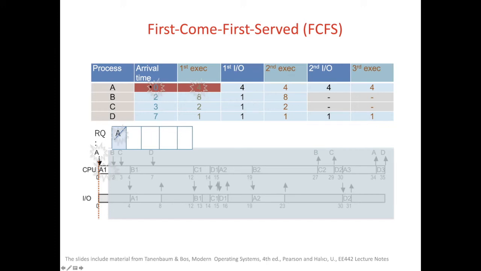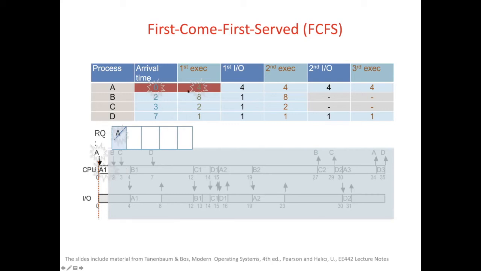Process A arrives at time 0 and enters the ready queue. Because the ready queue was empty initially, this is the first process in the queue, and because the CPU is idle, this process is chosen for execution immediately. So it is removed from the ready queue and it starts its first execution.